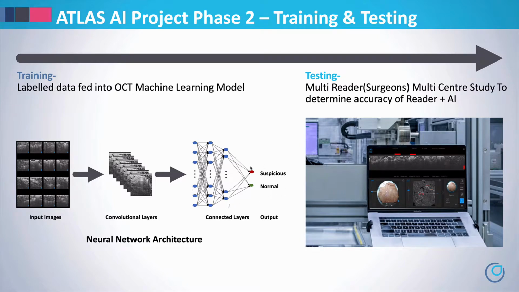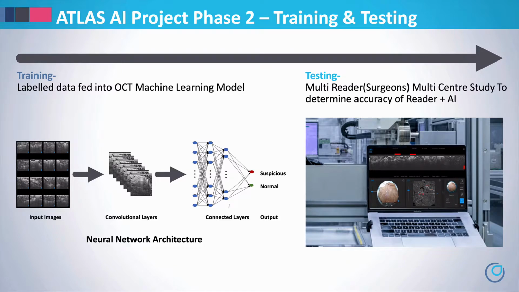And you can see on the left-hand side of this picture the neural network architecture that feeds into that decision of suspicious or normal. On the right-hand side, this is actually how things look. And it's a really quite nice, very detailed look at the images that you can get. And this will be working intraoperatively, as we'll come to in the video at the end.